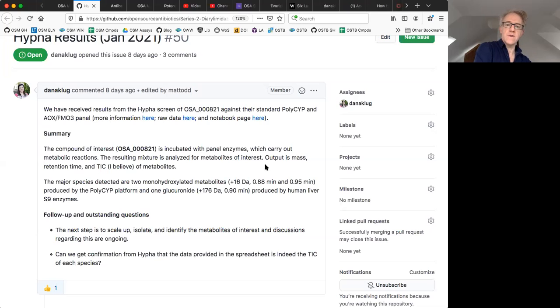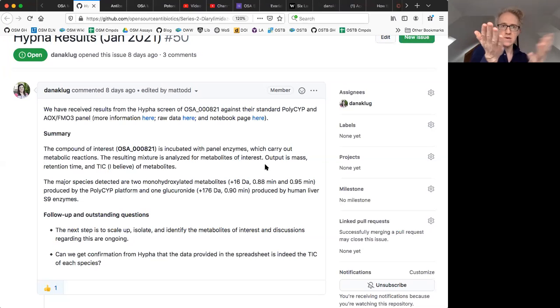The plan is that they are going to do that scale up after playing around with a few different conditions, and send us the crude material, which we then purify and characterize by NMR. So that's the deal. They're gonna carry out that scale up for us, and then we do everything else after that, which is really good.